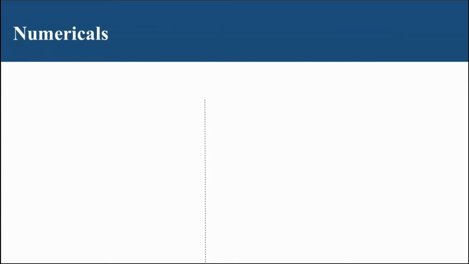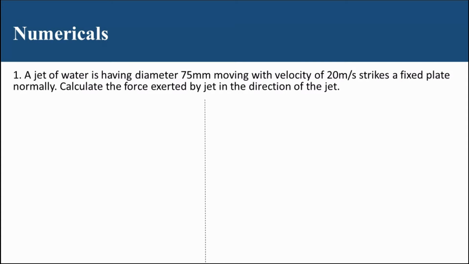Now we will see one numerical on this case. Consider a jet of water with a diameter of 75 mm, moving with a velocity of 20 meter per second, that strikes a fixed plate normally. This is a case where the jet of water is striking a fixed plate, so remember this word fixed.